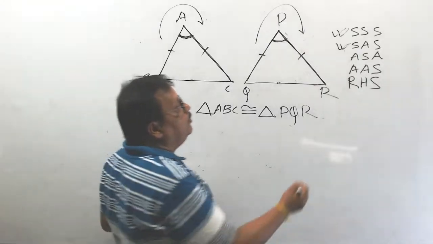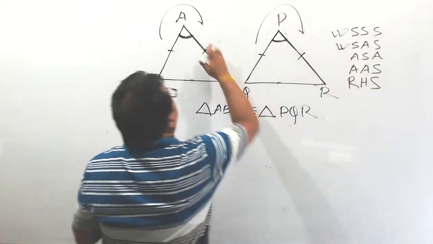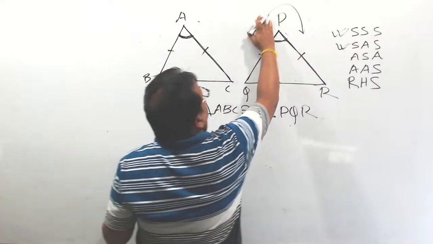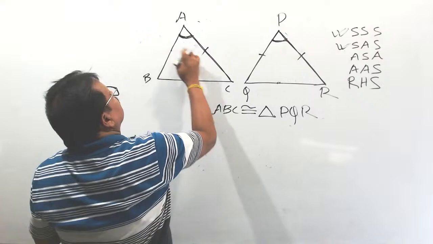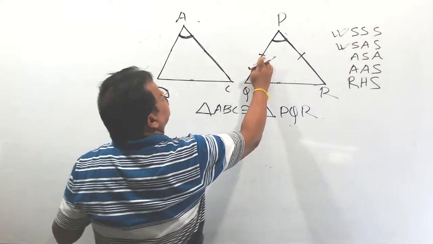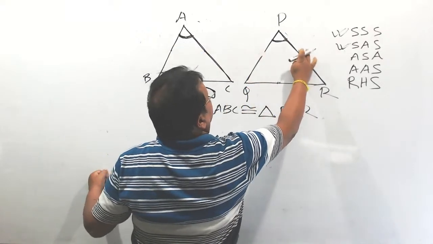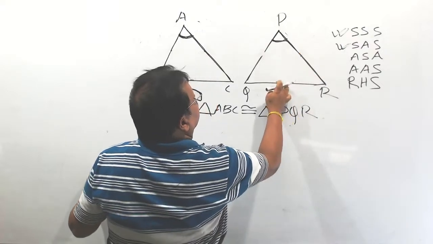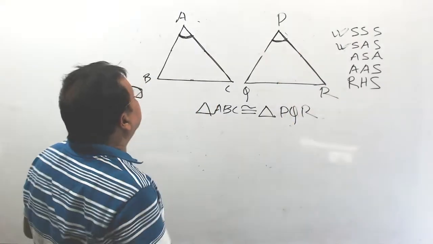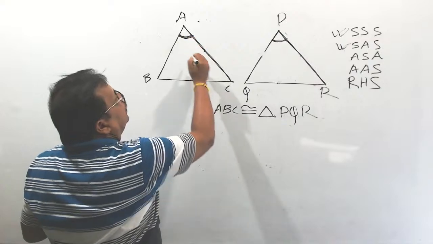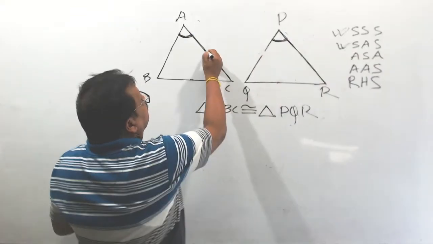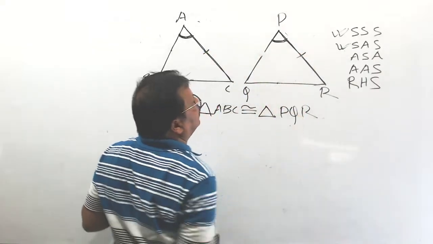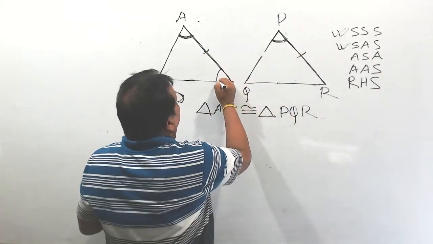What is the third one? Angle side angle. I am erasing all. Again, I will show freshly. Okay, angle side angle. That means, say angle A is equal to angle P, then a side, and again an angle.